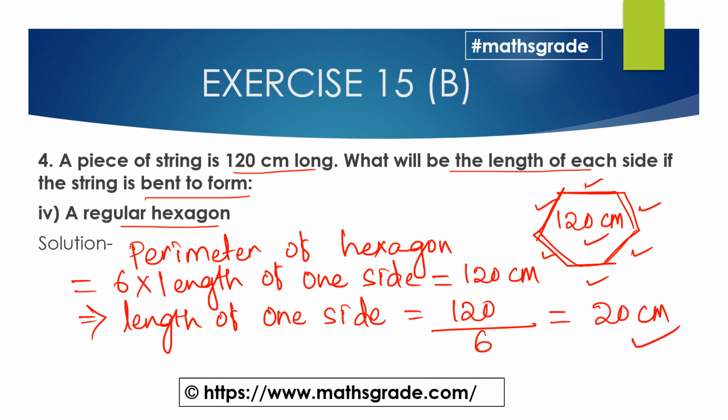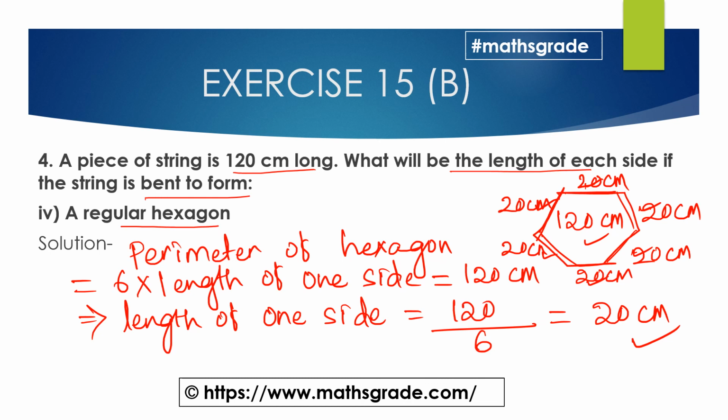So the length of the side of the regular hexagon will be 20 cm. So this is also 20. All the 6 sides of the hexagon will be equal to 20 cm. Now we'll check whether the answer is correct or not. If we add all the 6 sides, that is 20 cm, do we get 120 cm or not.